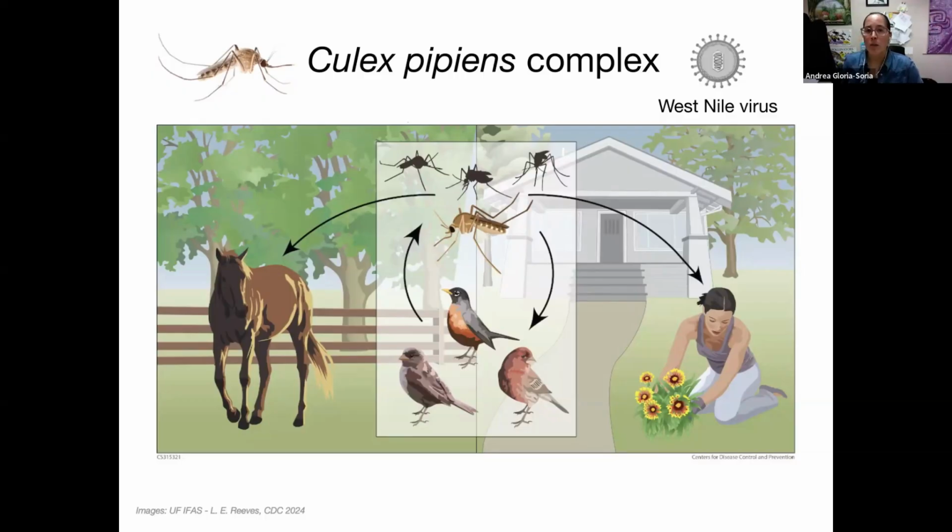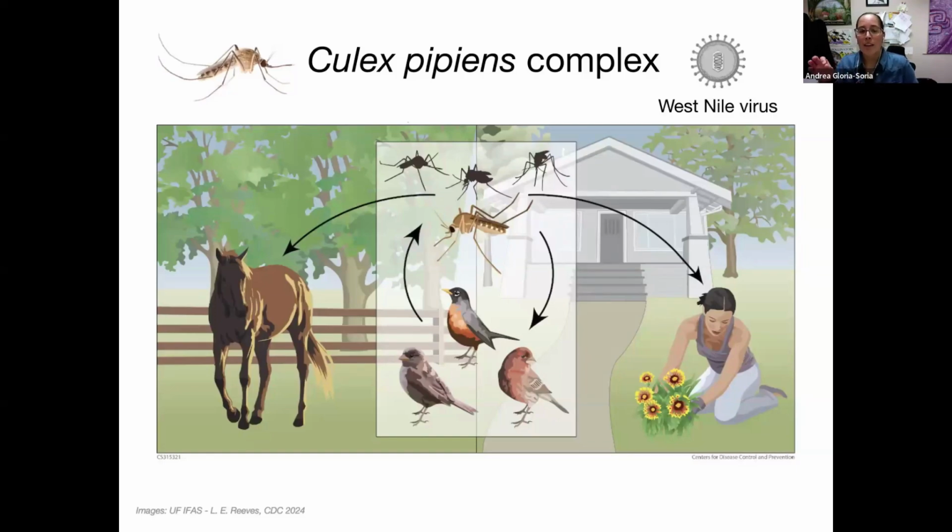But the species of the Culex pipiens complex are the vectors of West Nile virus in the United States. The virus cycles between Culex mosquitoes, it's maintained between Culex mosquitoes and birds.